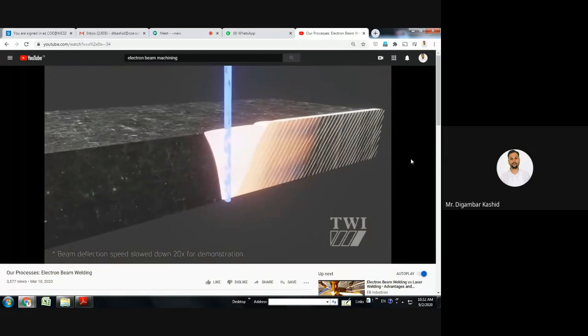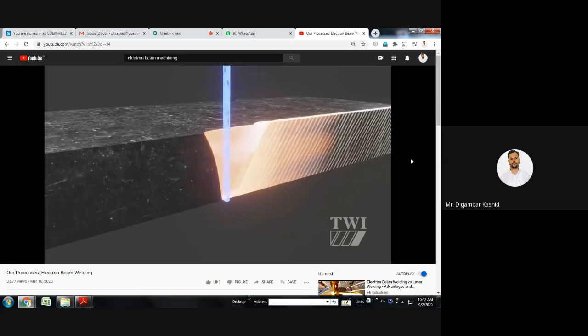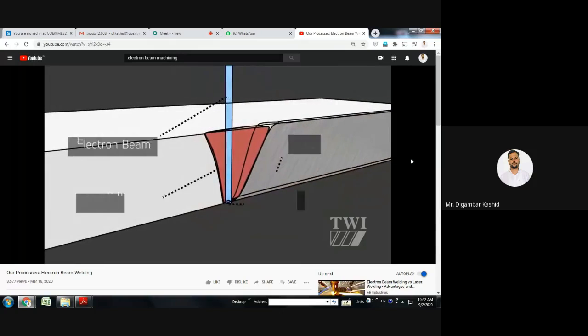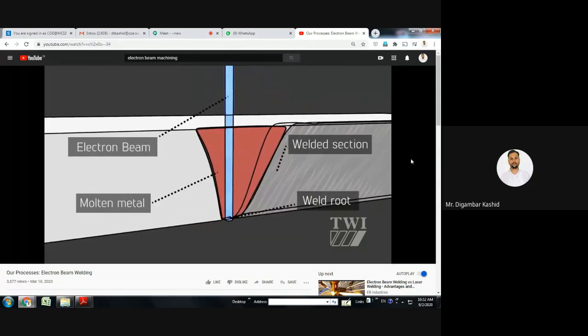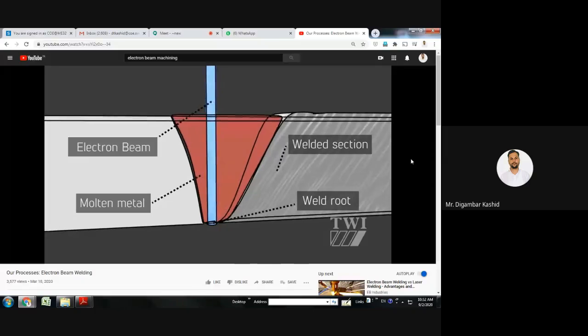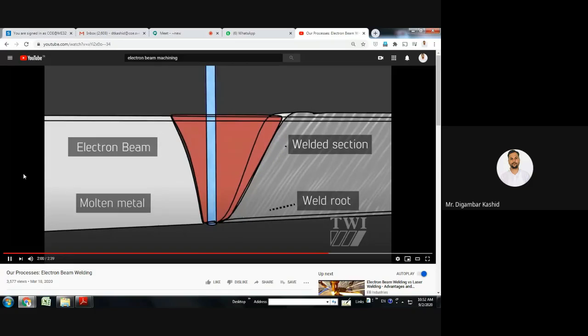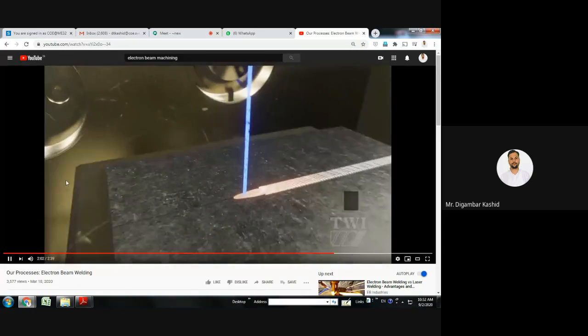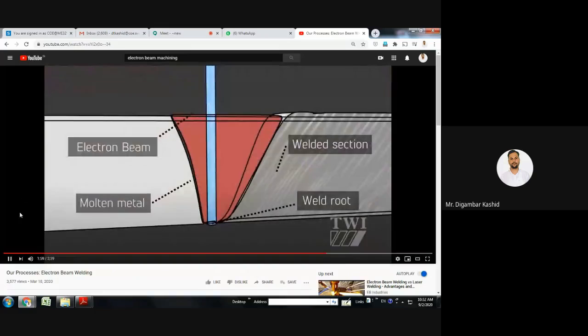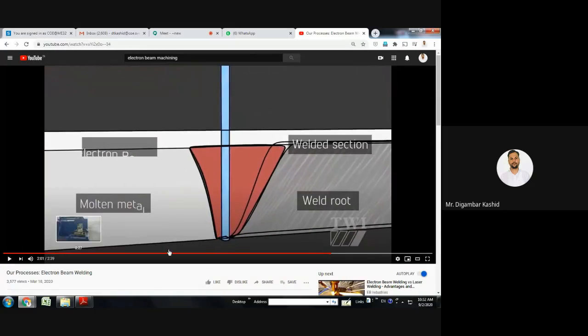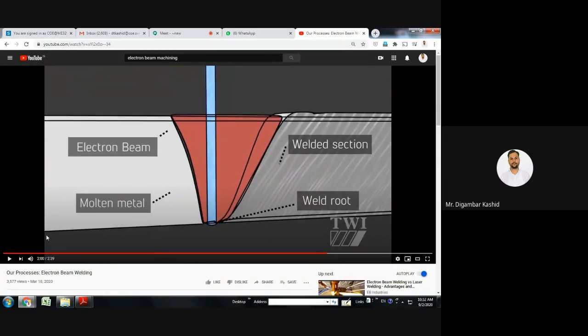I think this is a good demonstration of our electron beam welding. See, molten. So in this welding section they have shown different roots and the molten material, and the electron beam.